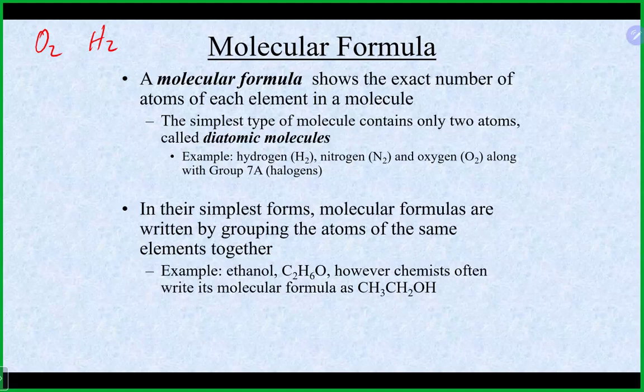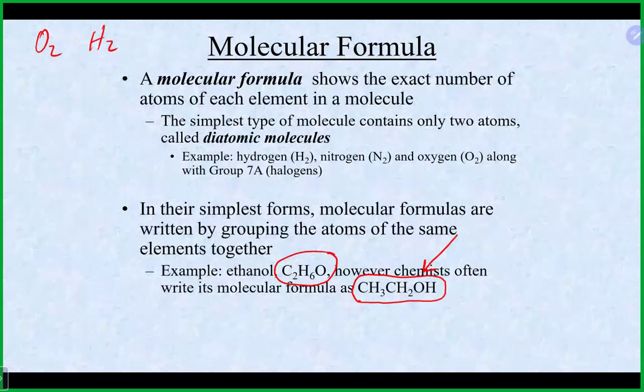It's the same idea here. Both of these formulas are the exact same thing. If you add up the carbons and the hydrogens in each, you will end up with the same amount. But the second one in this case gives you a little more information about how it's put together. And ethanol, or ethyl alcohol, looks something like this.